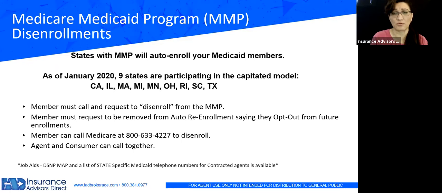The dual SNP plans that are available to an agent to sign them on will be rich in other benefits. The MMP won't be as rich in dental, hearing, vision, and transportation. They will give some transportation, but some of these carriers are just giving away the farm pretty much. Just keep in mind that you're helping that individual make a choice.